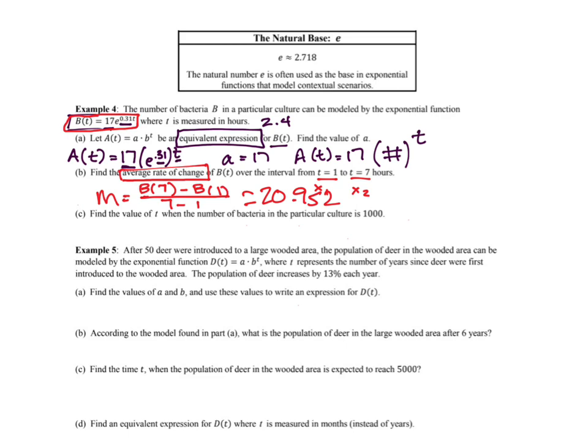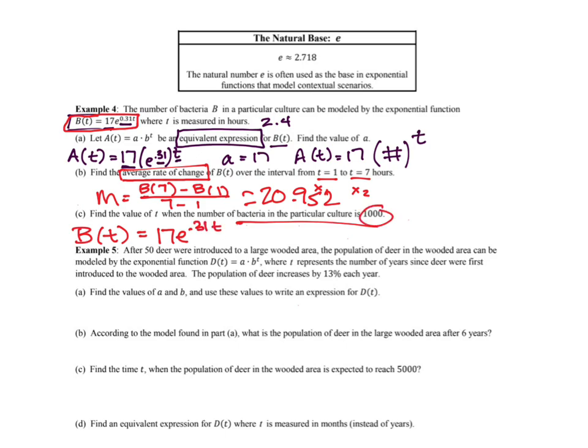Okay, here's the next question. Find the value of t when the number of bacteria in the particular culture is 1,000. We've got b of t equal to 17 times e to the 0.31 t.